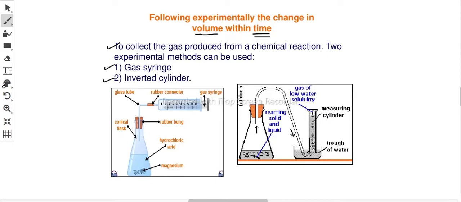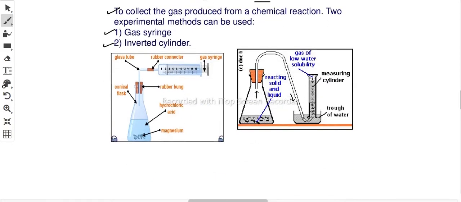Let's look at the figure. If you look at the first, this is for the gas syringe. What can you see according to the equipment and materials needed? Definitely I need a flask. I'm going to put my solid, which is in this case the magnesium. I added the hydrochloric acid in a specific volume and concentration.